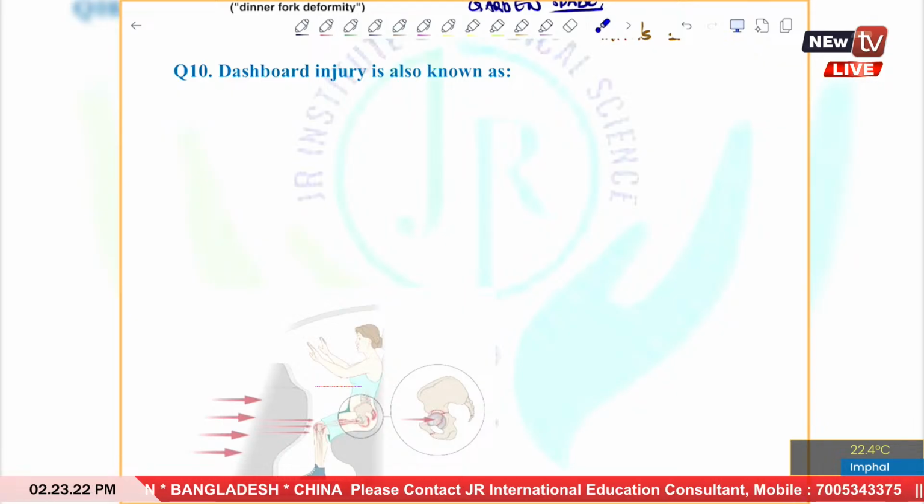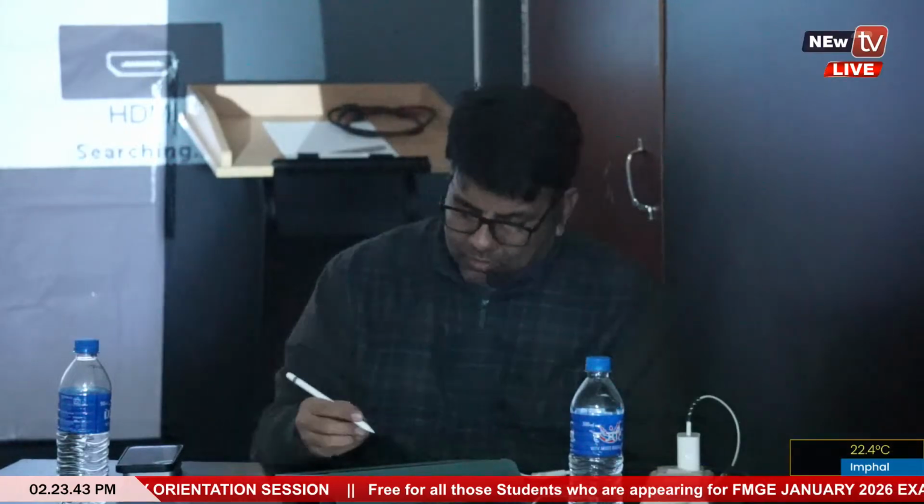You understand the mechanism? Okay, so we can see here the knee is striking the dashboard.